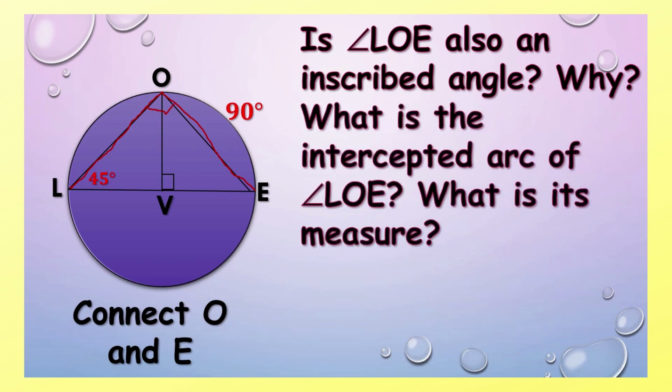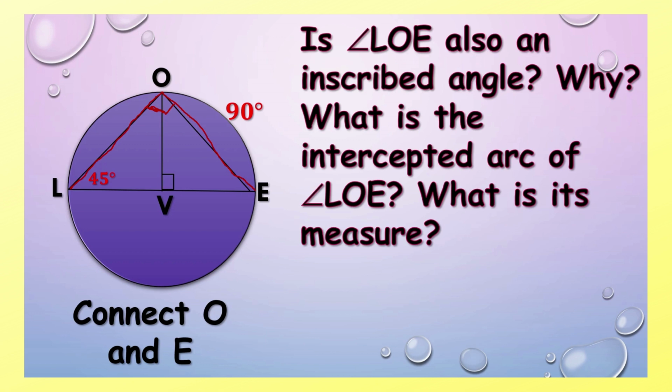Why? It is an inscribed angle because, ayan, yung kanyang sides ay 2 chords, tapos yung vertex ng ating inscribed angle, yung point O, ay nasa circumference ng ating circle.